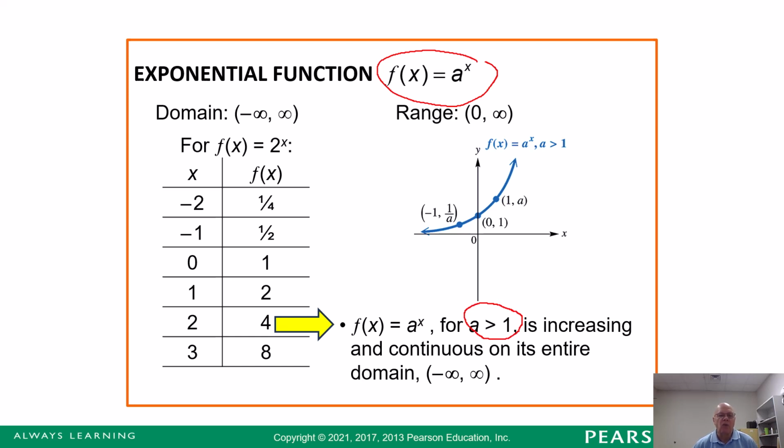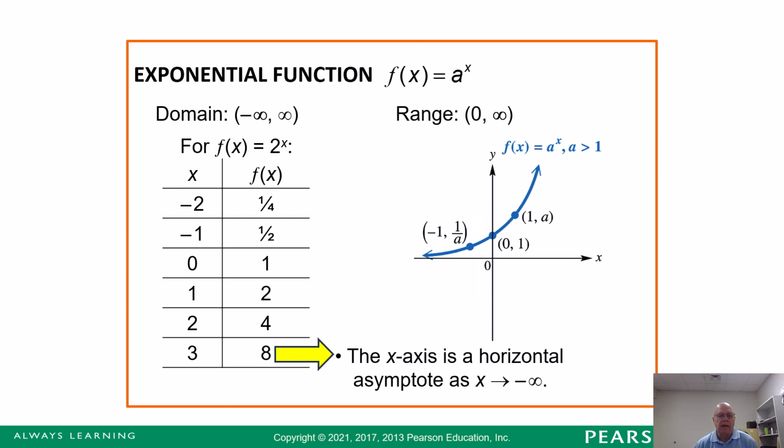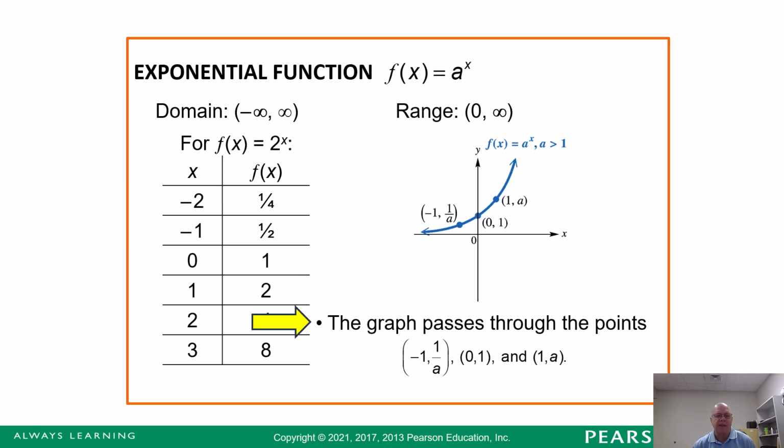If they're greater than 1, then that function is increasing and continuous. You can draw it without lifting your pencil or pen while you're graphing it. Another one, the x-axis is a horizontal asymptote. See, it gets closer and closer to the x-axis, but it's never going to touch it, even though it gets very, very close.